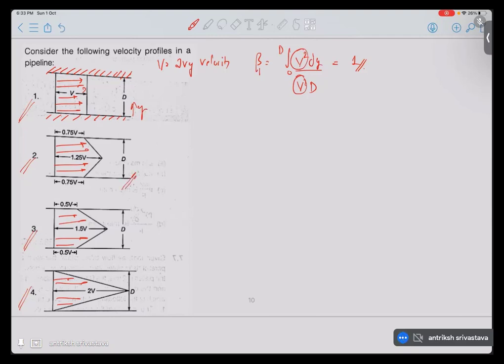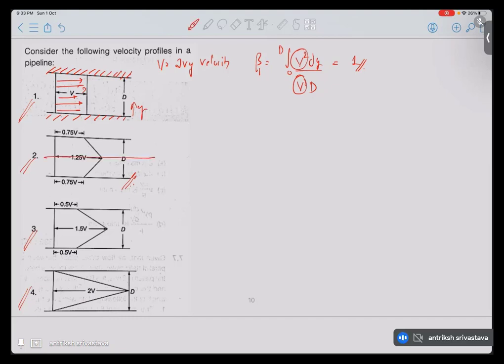Now let's look at this second example. We have velocity that is changing with the depth. What we see here is that it is showing some kind of symmetry. All these three are showing some kind of symmetry about the center, right?